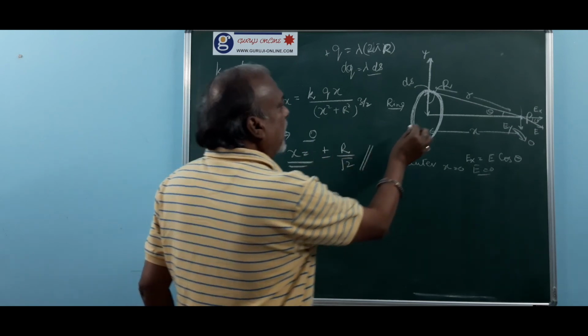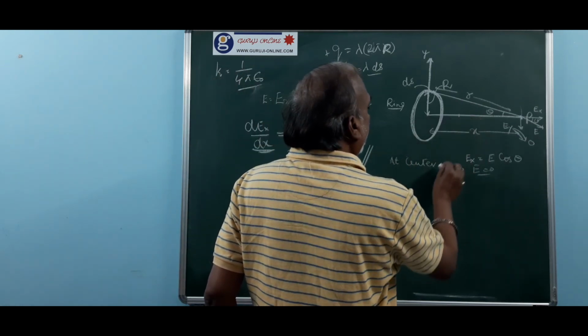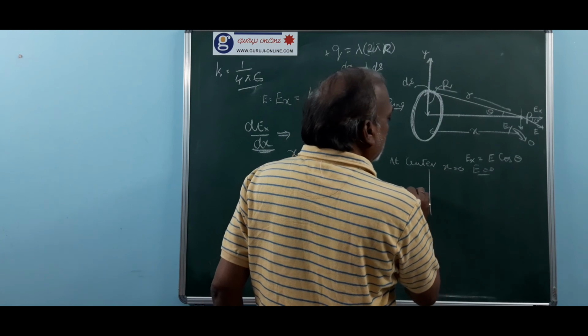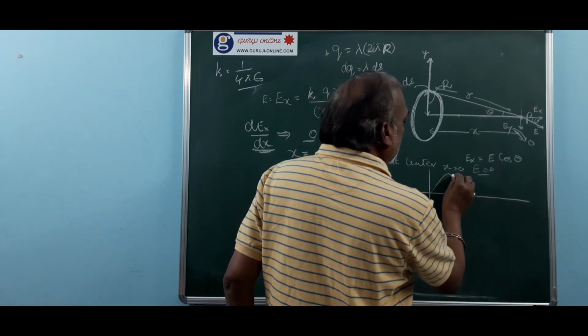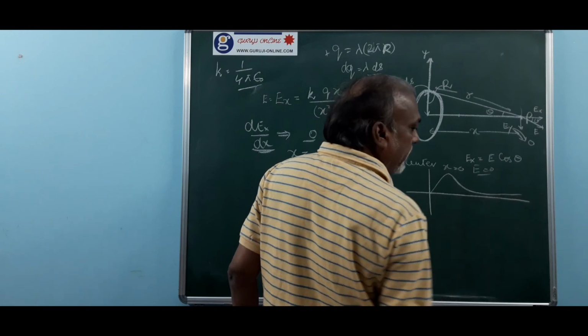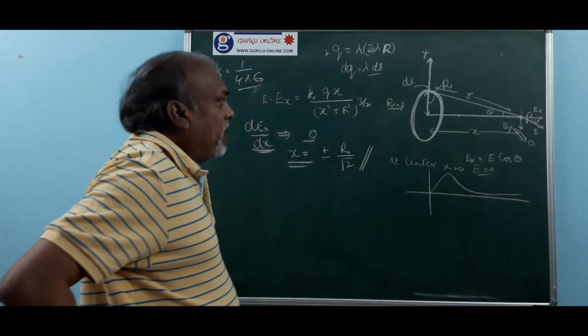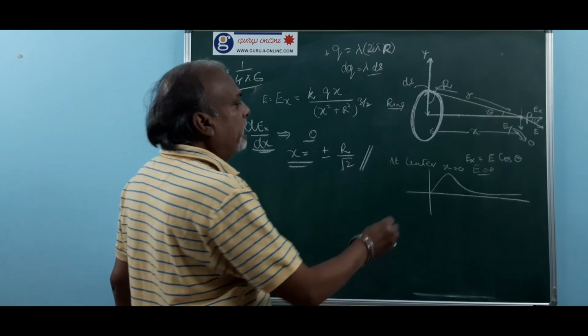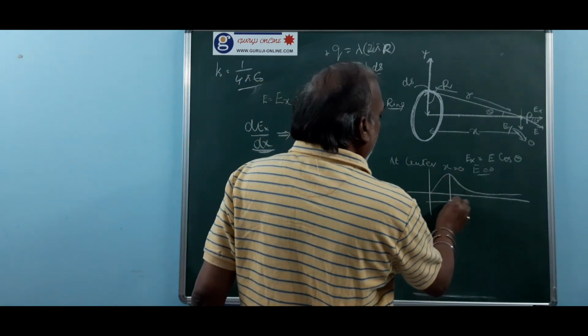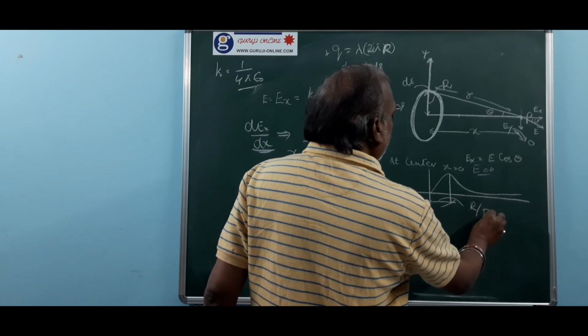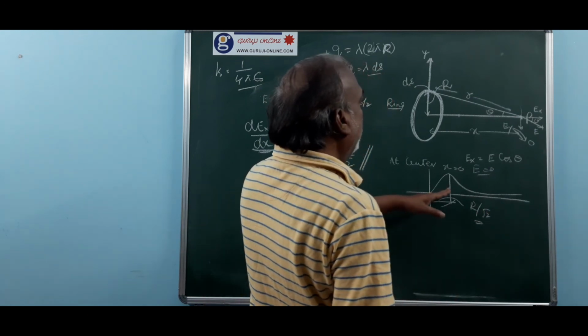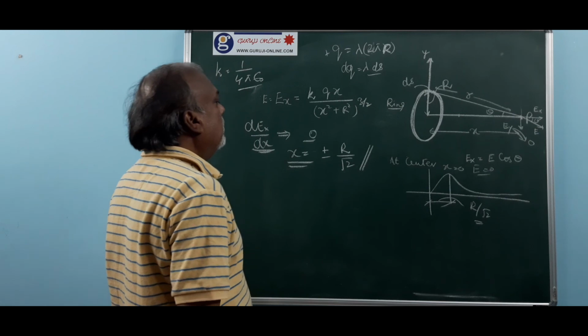So somewhere here, where this distance is r by root 2, this electric field will be maximum.